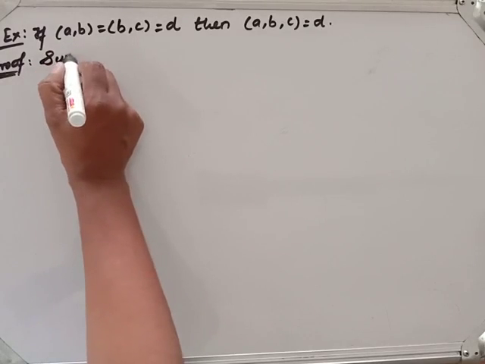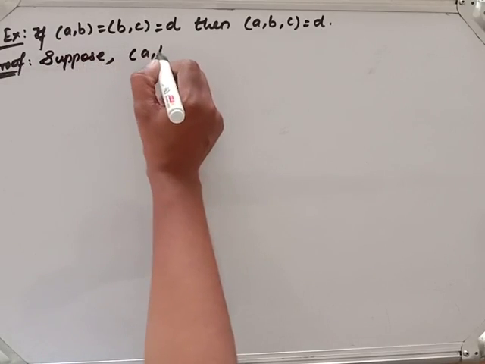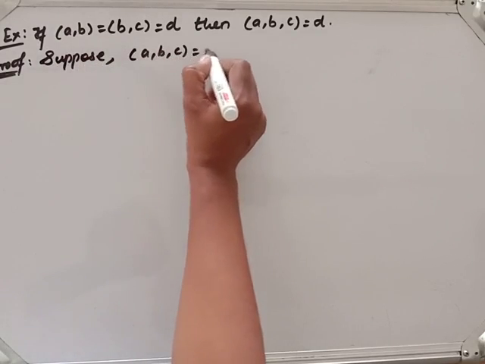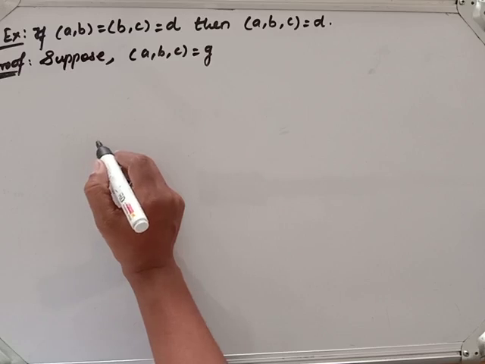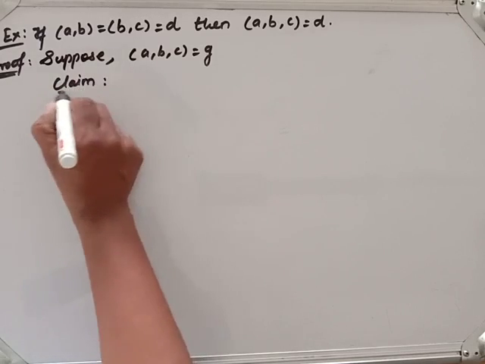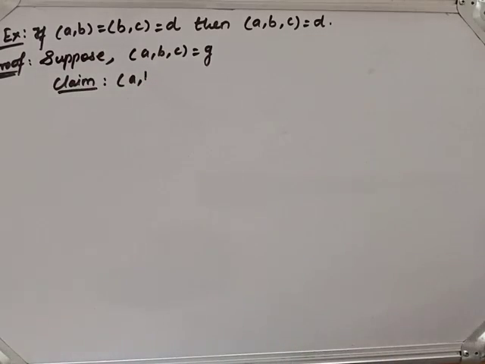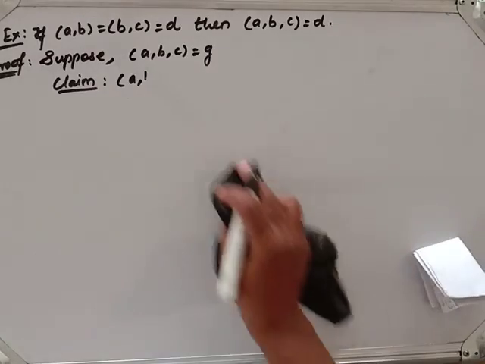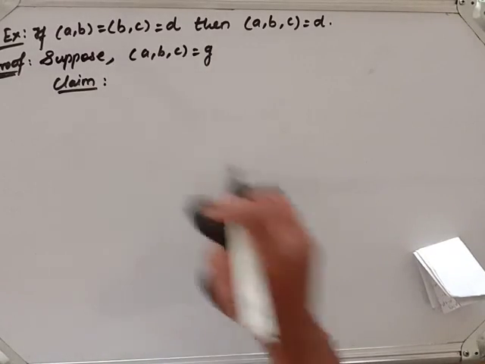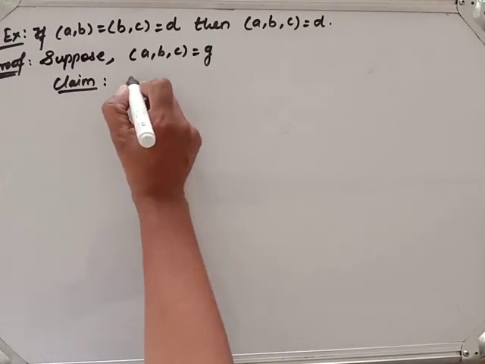Suppose let us assume the GCD of A, B and C is some new element G suppose. Now if this is the case, then our claim that we have to prove is D equal to what? G. This D equal to G. Fine. That is our claim.